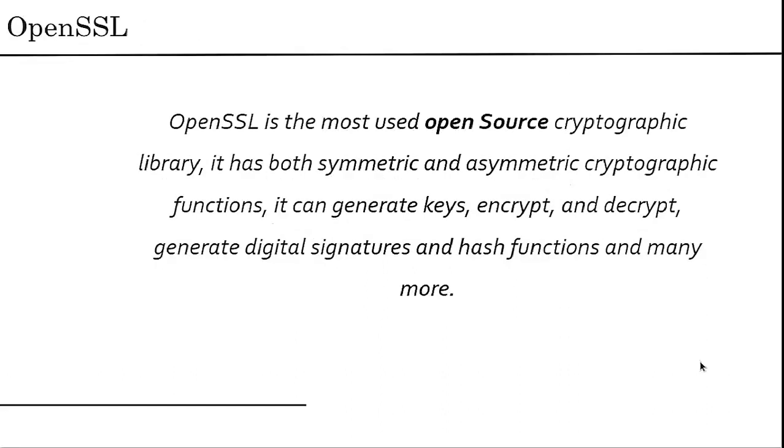Now let's start and try to apply what we have learned so far about symmetric cryptography using one of the most used open source cryptographic libraries, and it is called OpenSSL. It has both symmetric and asymmetric cryptographic functions. It can generate keys, encrypt and decrypt, generate digital signatures and hash functions, and many more.